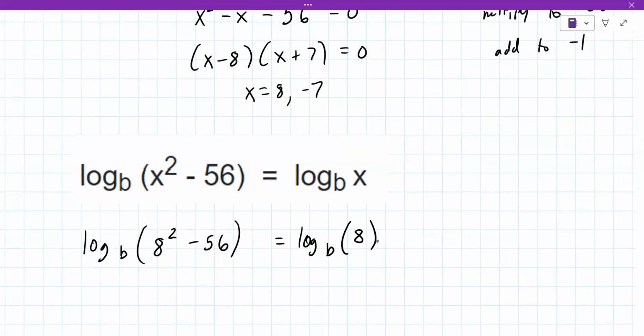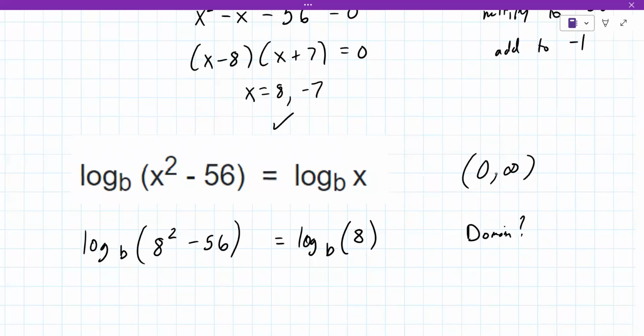That's the next part. Can you take the logarithm of it? Is 8 in the domain? If you recall, the domain of log was 0 to infinity. We did that a bunch yesterday. Does 8 fit between 0 and infinity? Yeah, it does. So we're good on 8.